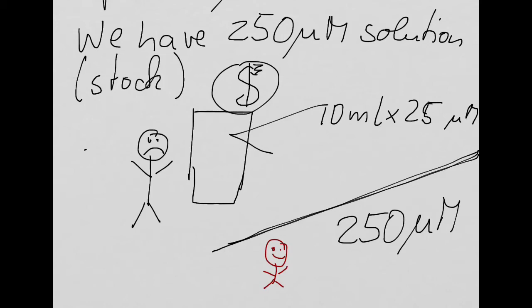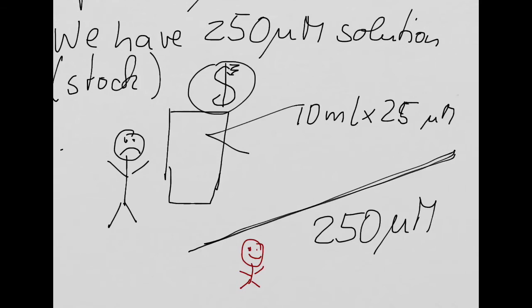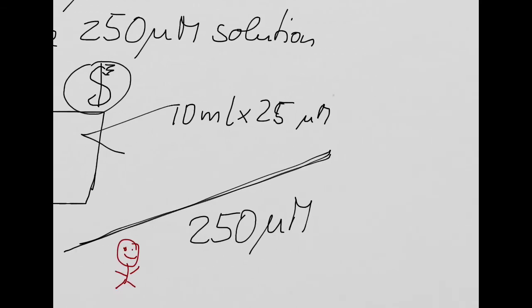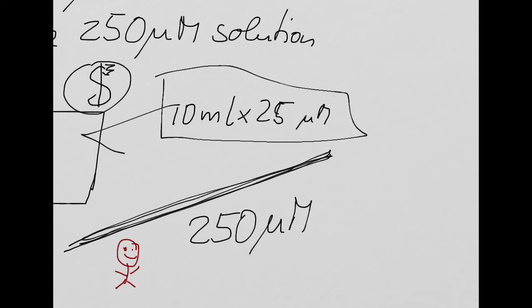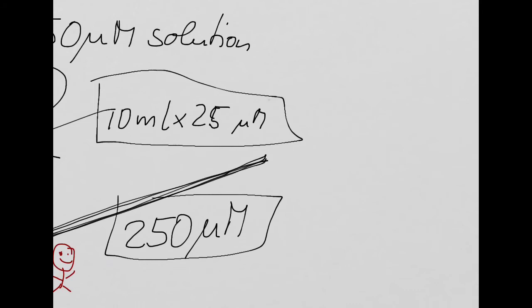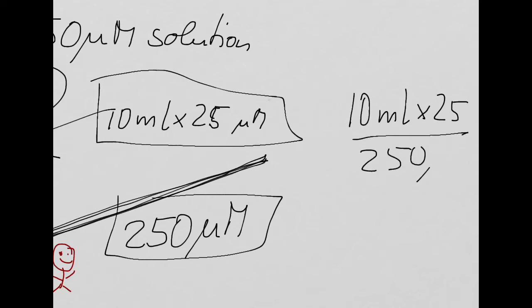Actually, the answer is already there. Do you see how I've written that? Here is the counter. That is the recipe or prescription, and that is what's available. So it is 10 milliliter times 25 divided by 250 micromolar.